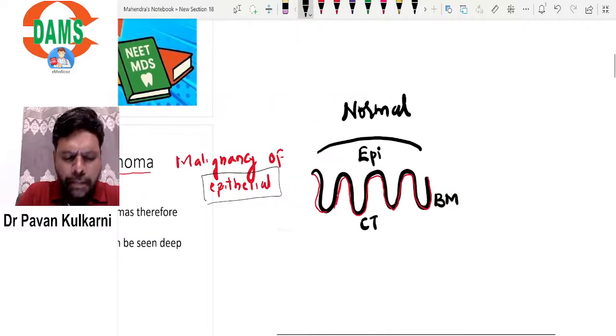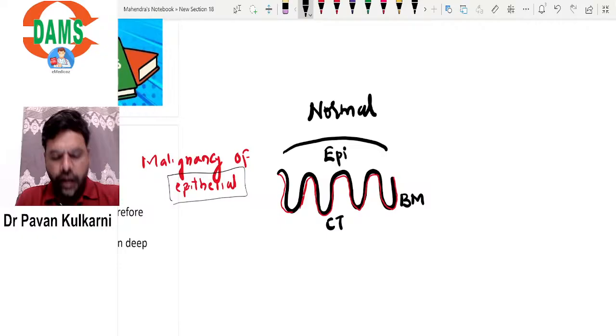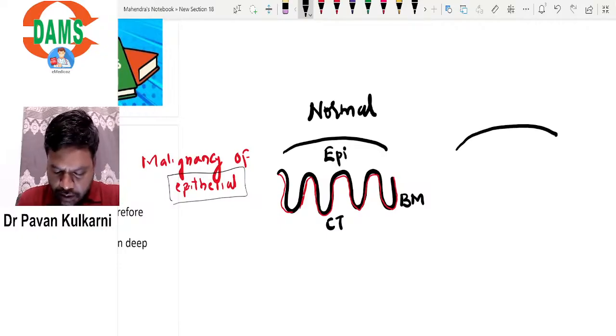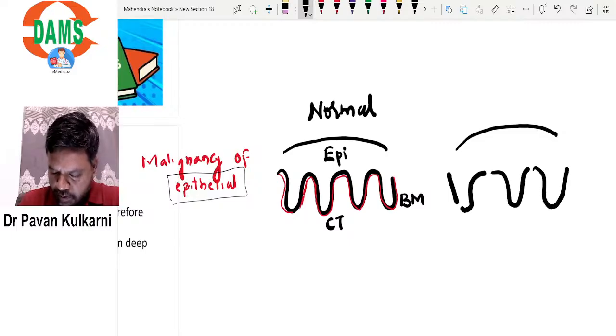What happens in malignancy, particularly in carcinoma? In carcinoma, this basement membrane continuity is lost.